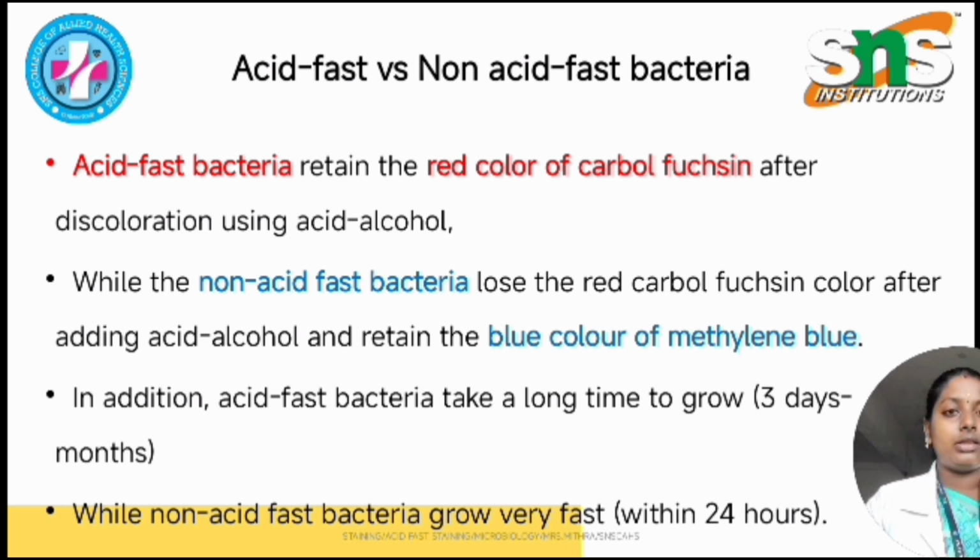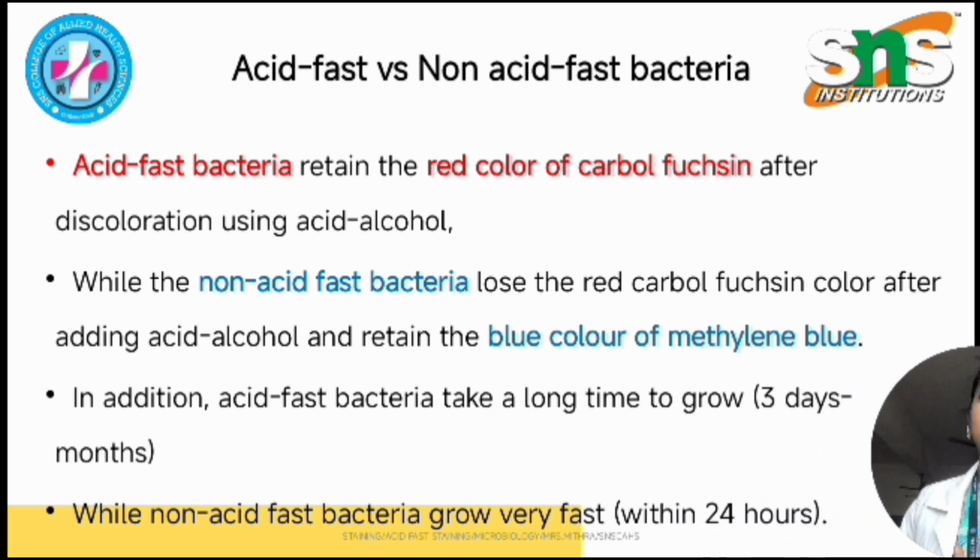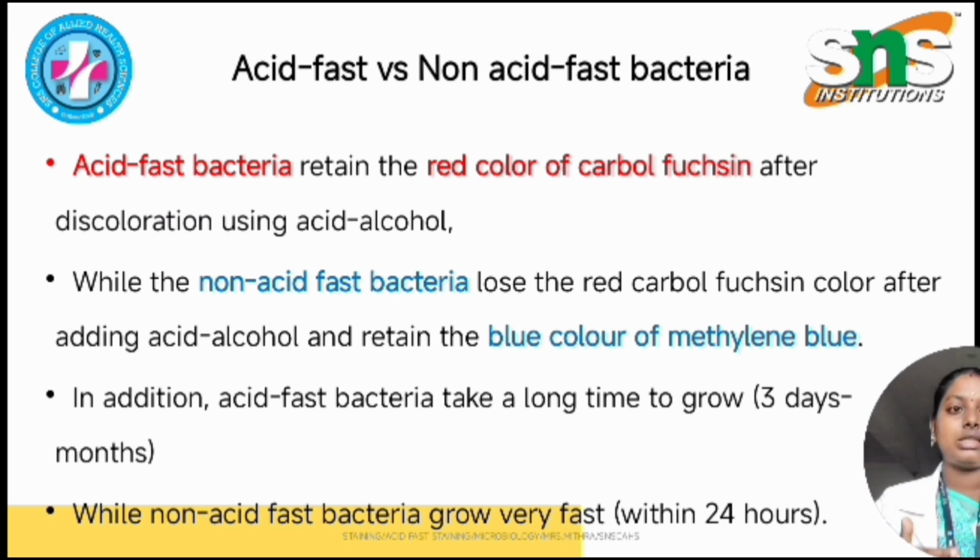And coming to another difference, acid fast bacteria take a very long time to grow, that is 3 days to months. Mycobacterium is a very good example. Mycobacteria will take a much longer time to grow, around 3 to 30 days. And non-acid fast bacteria grow very fast, within 24 hours they are able to grow, multiply and reproduce.